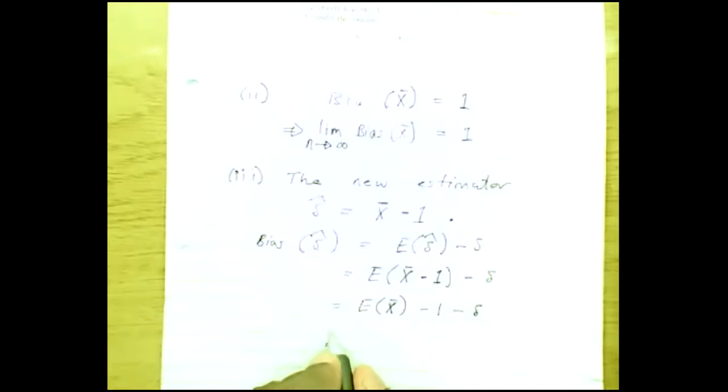Now we know from part 1 that the expectation of X bar is delta plus 1, and this is 0, right? So hence we have shown that delta hat, the new estimator, is unbiased for delta.